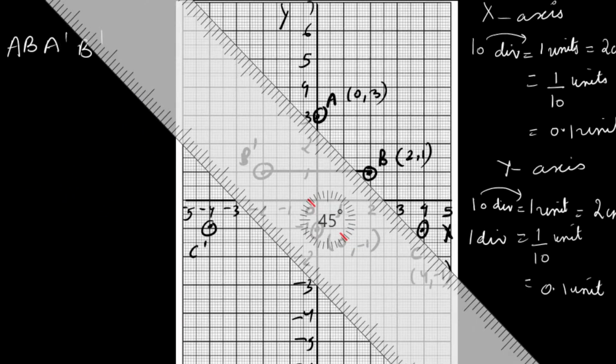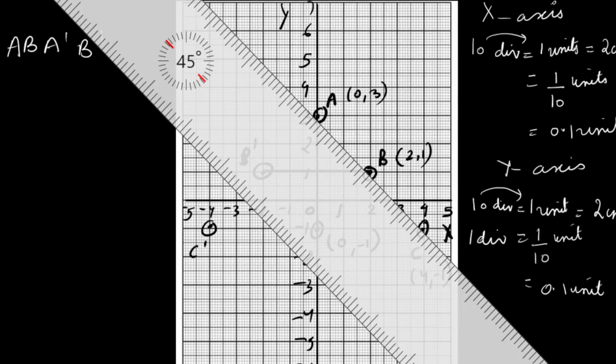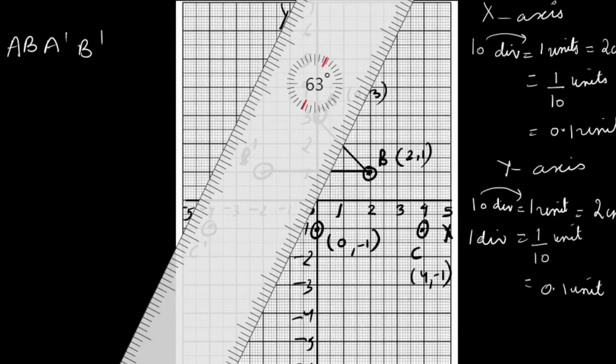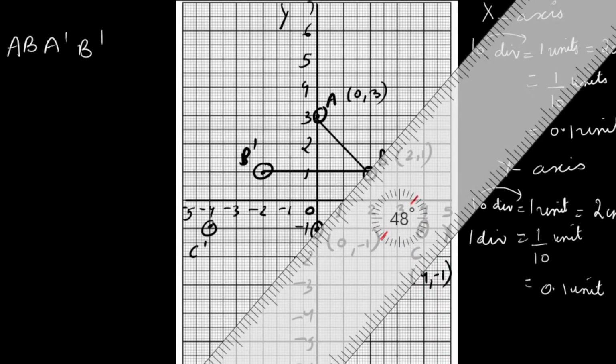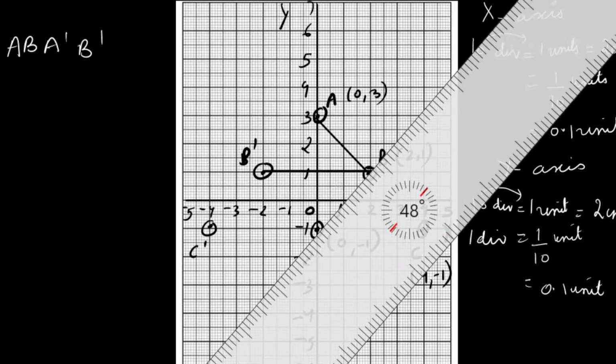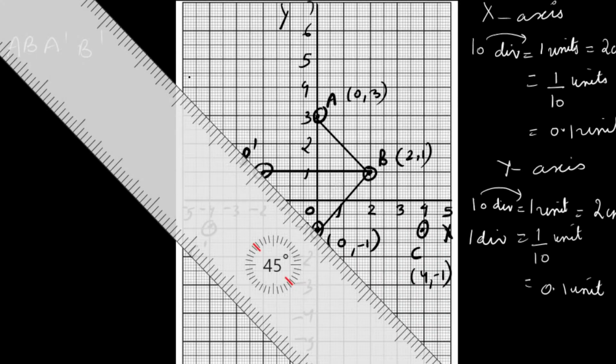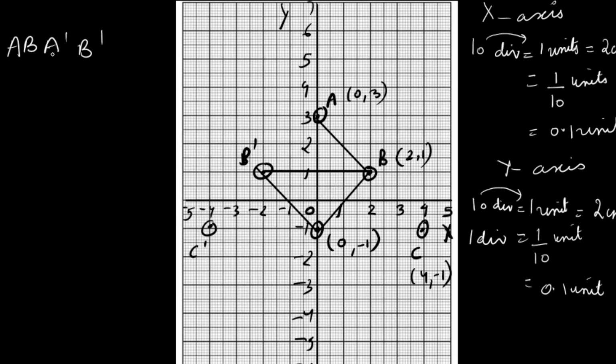So A with B, B with A dash, A dash with B dash. And sometimes, see, now it is mentioned like this: A, B, A dash, B dash.